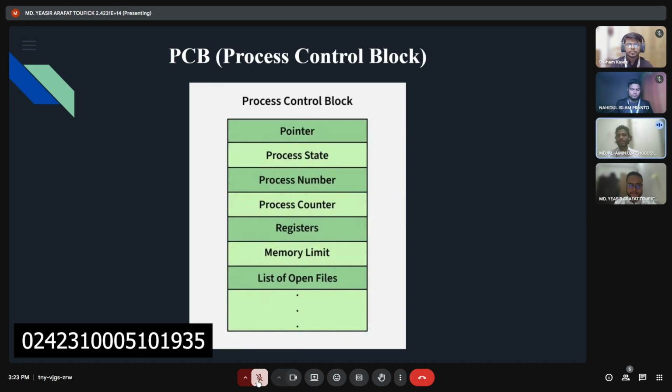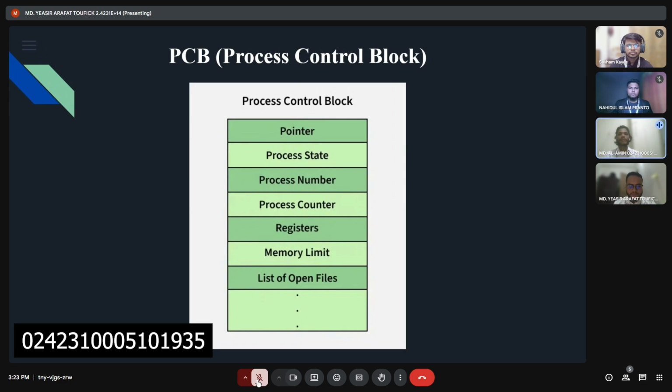Then CPU registers, whose values must be restored after a context switch, so the process can continue execution. Scheduling information is the priority or process state, so which process will be executed next or is executing now depends on the priority and process state.